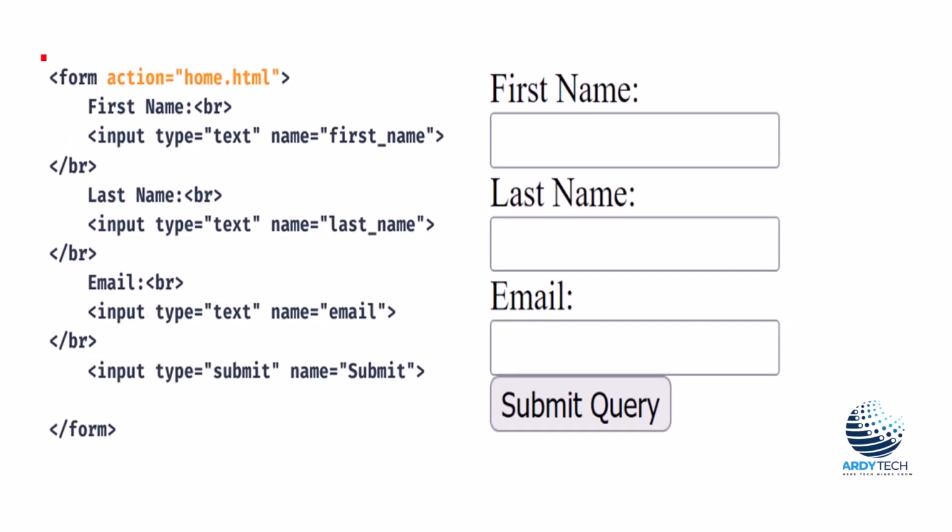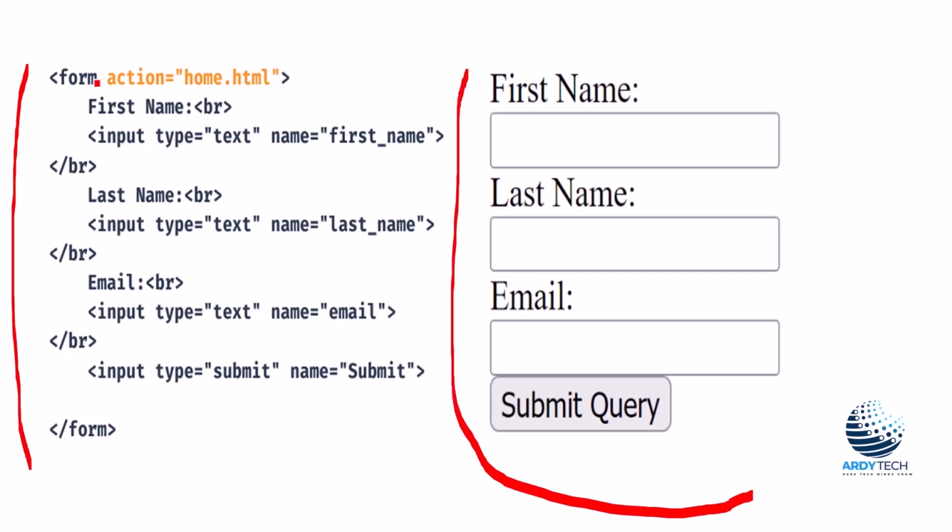Here is an example of a simple form. The whole of this form gives this output here. For example, the first name text here displays the output here, and the last name text here displays the output, as well as the email text displays this output. This input element gives this output here.